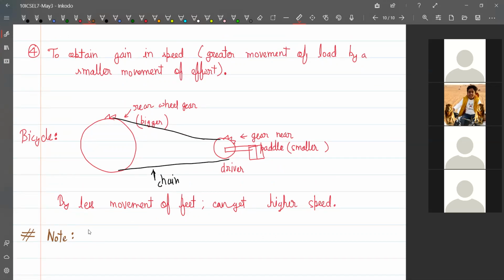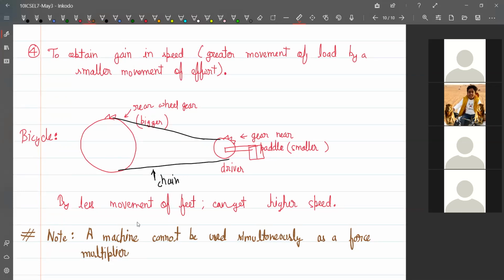So a machine cannot be used simultaneously as a force multiplier as well as a speed multiplier.